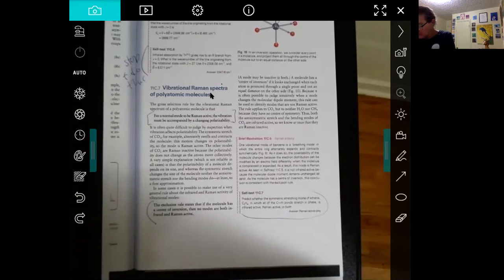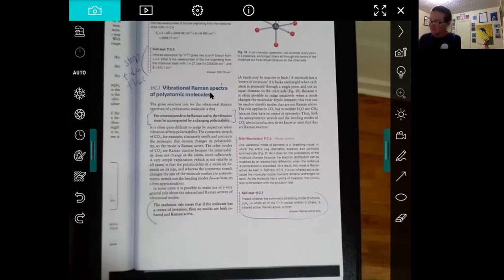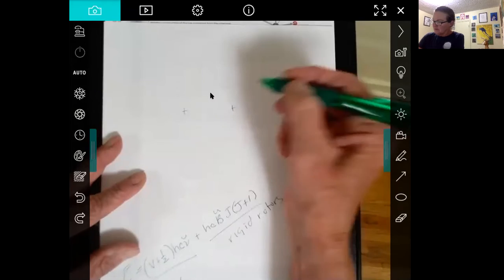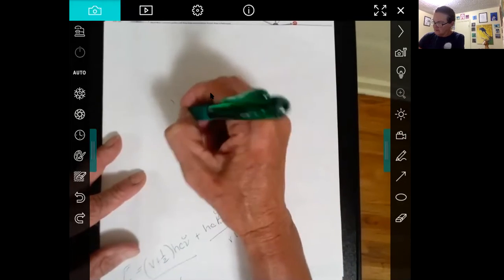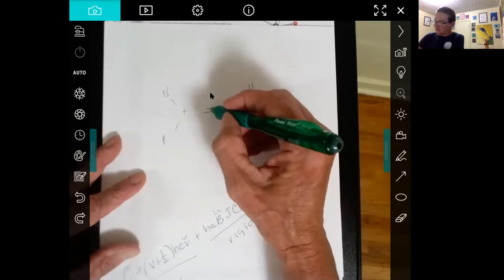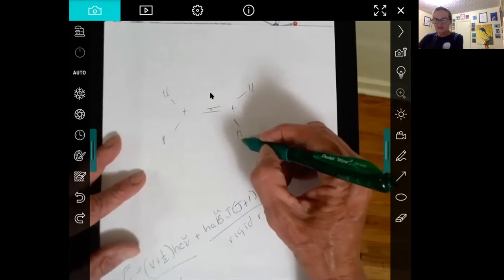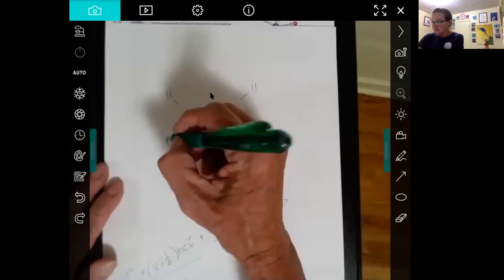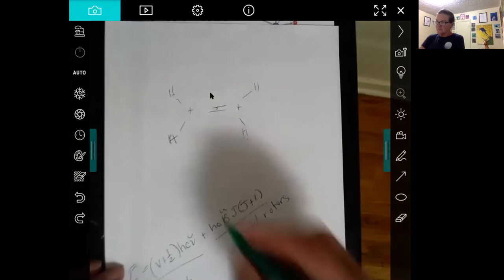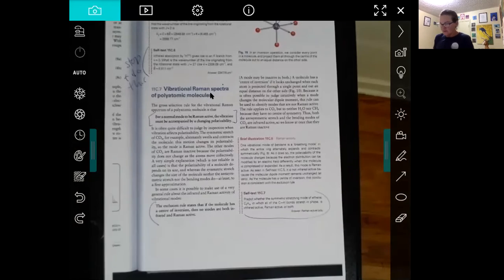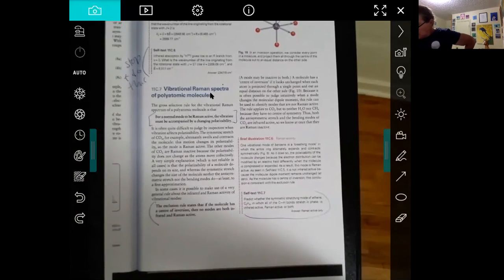So the rule they give you is the exclusion rule, which states that if a molecule has a center of inversion, which simply means, we looked at this with the Girard concept, so we have a molecule, let's say like ethene, where if you pass one hydrogen through the center of the molecule, you'll see another hydrogen. So this molecule has center of inversion symmetry, but other molecules like HCl don't, because you pass it through the center and you get a different atom. So that rule allows you to decide.